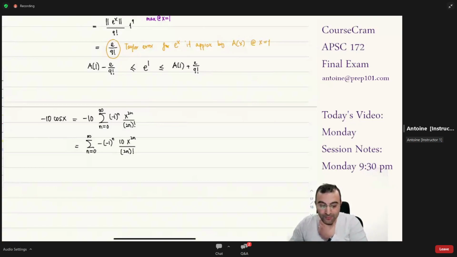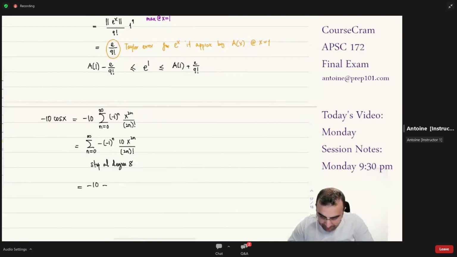So if I want to stop at degree 8, that means for n equal to 0, this is going to be minus 10. For n equal to 1, that's going to be 10x squared over 2.